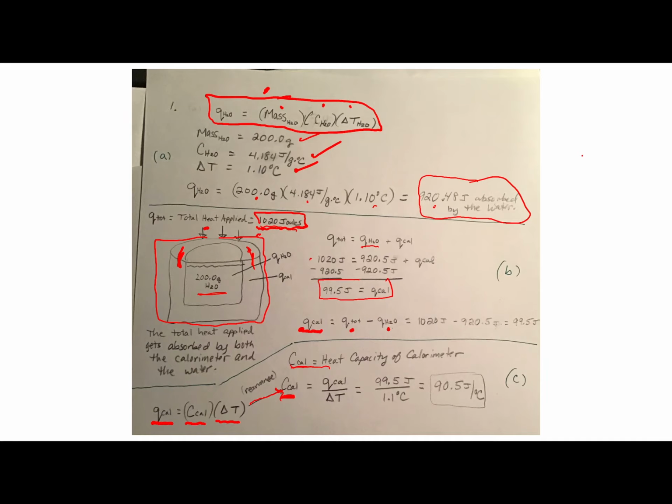To solve that, we need the heat from the calorimeter divided by the change in temperature. The heat from the calorimeter is 99.5 joules, which we calculated right up here, and the change in temperature was 1.1 degrees Celsius. So the heat capacity of the calorimeter is going to be 90.5 joules per degree Celsius.